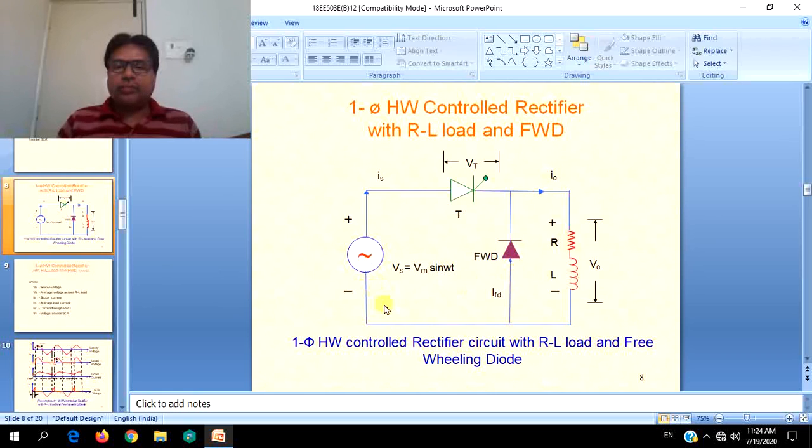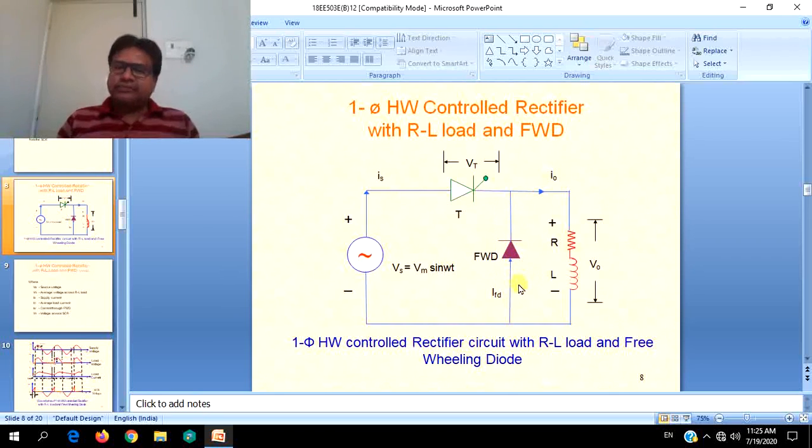When the supply voltage is reversed, there is already a voltage across the load from the previous half cycle, and the inductance has stored some energy, so it will oppose the supply voltage in the reverse direction. At the same time, the reverse voltage of the supply is now given to the anode, or P, of the diode, so it becomes a forward biasing voltage to this diode, which is connected in reverse in this circuit.